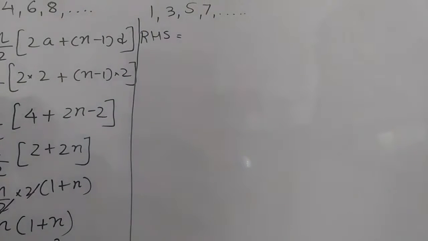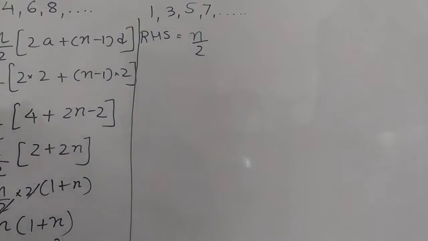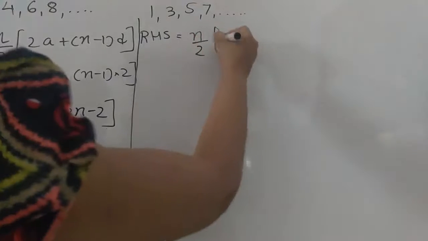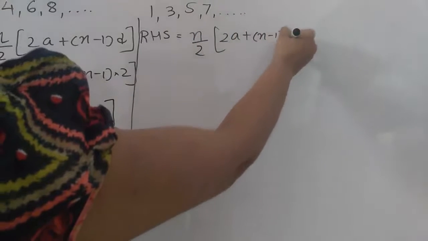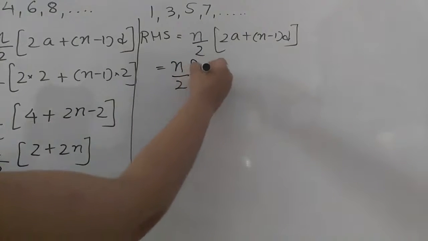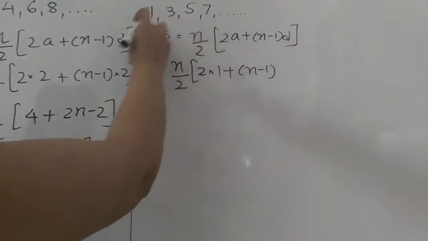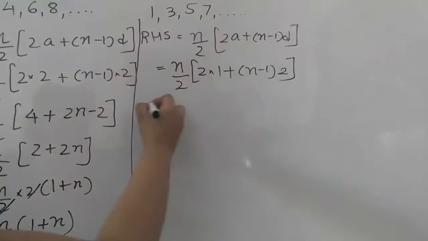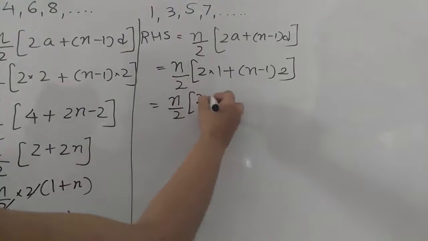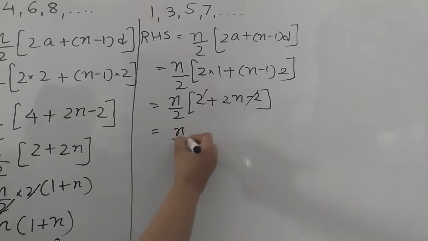So here on the right hand side again I am taking n by 2, our Sn formula only, that is n by 2, 2a plus n minus 1 d. Now n as it is by 2, 2 times the first term 1 for odd numbers, plus n minus 1 and d, the common difference, is 2. So placing values, n by 2, 2 plus this is 2n minus 2. So here this is cancelled, n by 2 into 2n. So 2 cancel, n square only left.